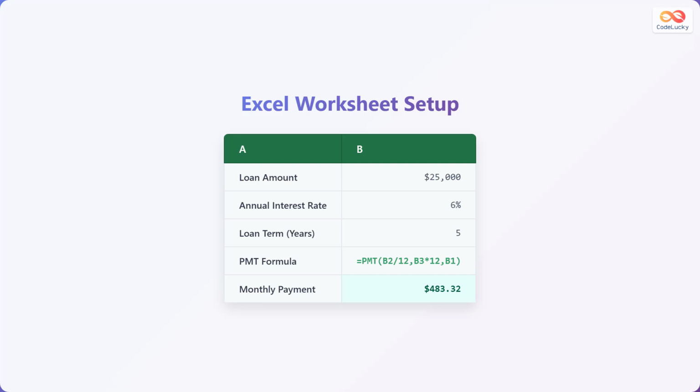In cell B3, enter 5. In cell A4, enter PMT formula. In cell B4, enter =PMT(B2/12, B3*12, B1). Finally, in cell A5, enter monthly payment, which would yield a monthly payment of $483.32.